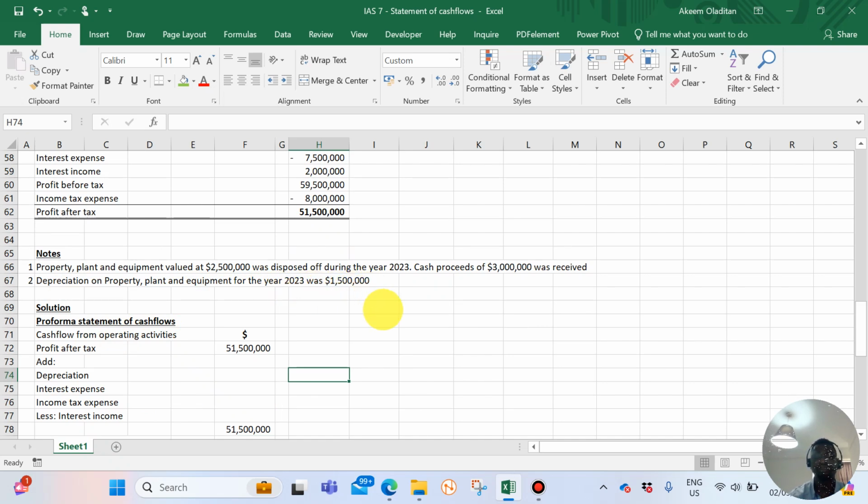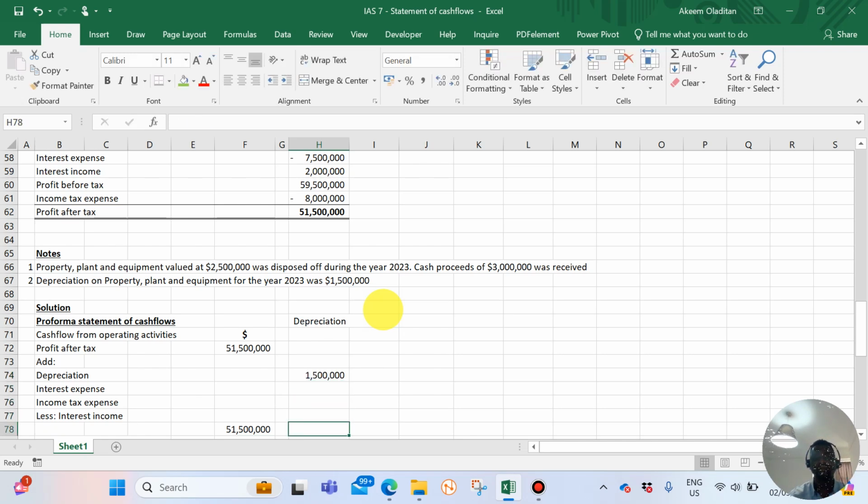So we're adding back depreciation because it was already part of the G&A. So let me tag it as depreciation. That's the best way to do it. So add 1,500,000.